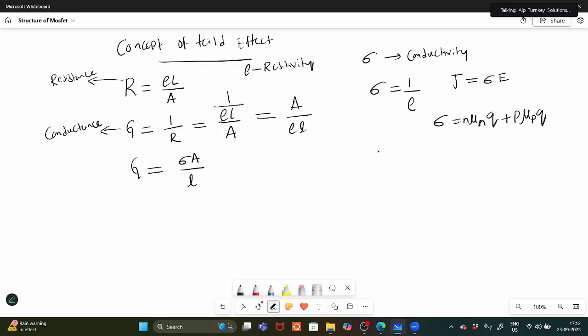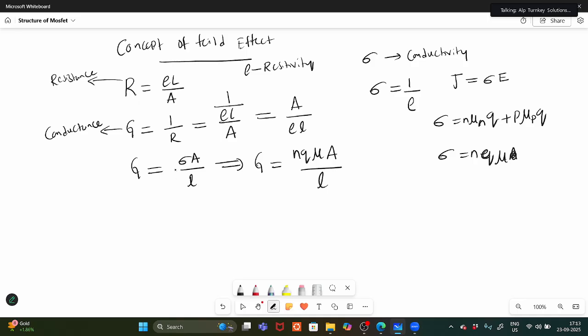In general, with respect to electrons, sigma equal to n q mu, where n is the charge carriers, q is the charge of the electron, and mu is the mobility. So sigma equal to n q mu. From this I can write G equal to n q mu A by L.